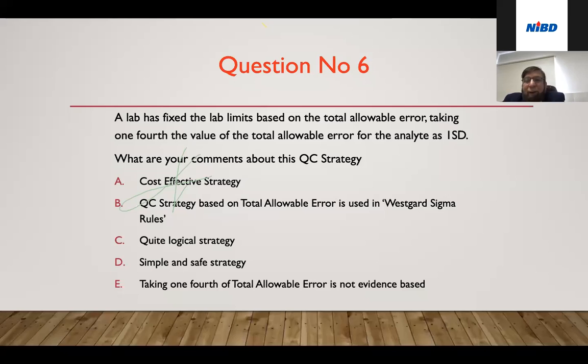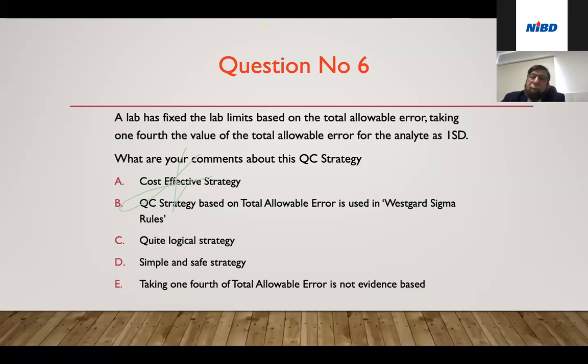Aristotle sitting in the lab has done some innovation. What he or she has done is that they have fixed the limits. I probably do not know the total. What is total allowable error? Total allowable error is given by international organizations like CLIA for every test.